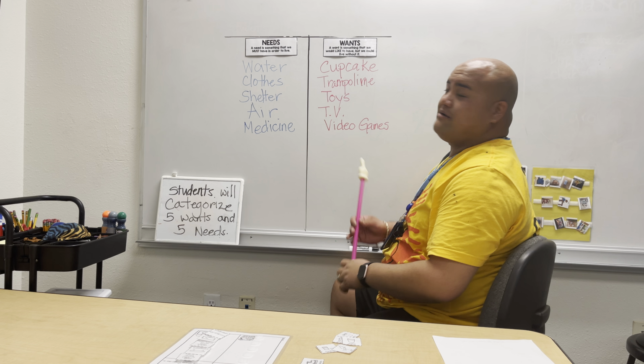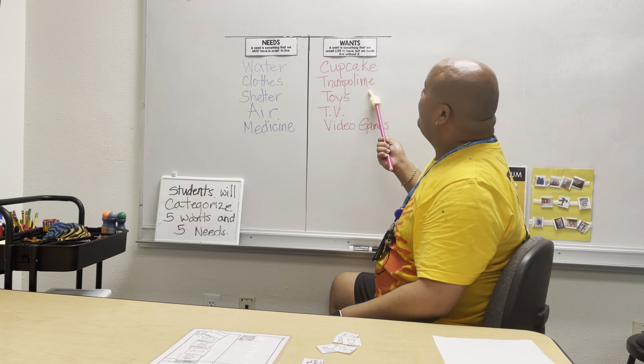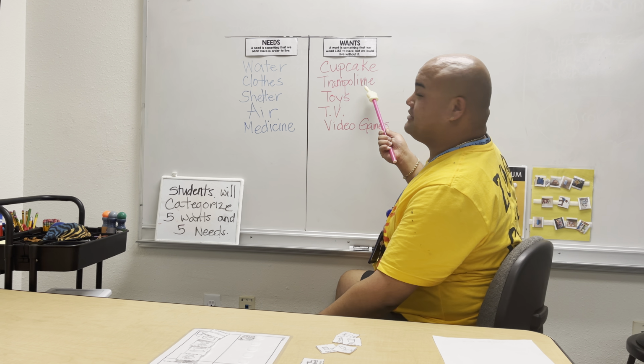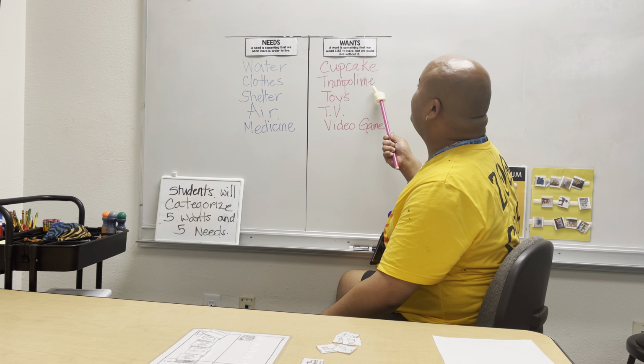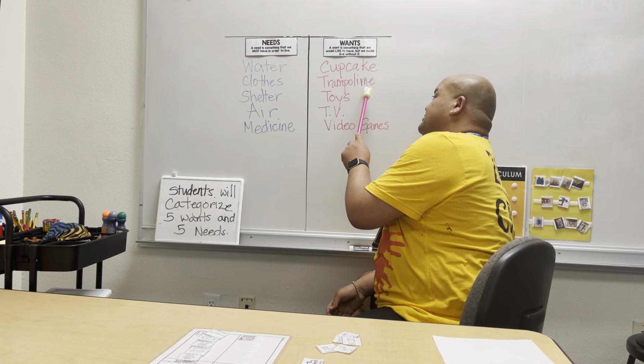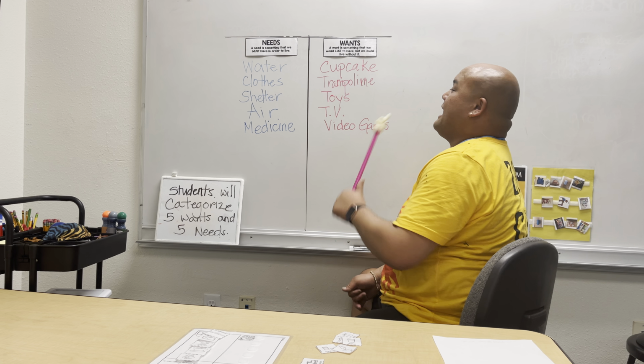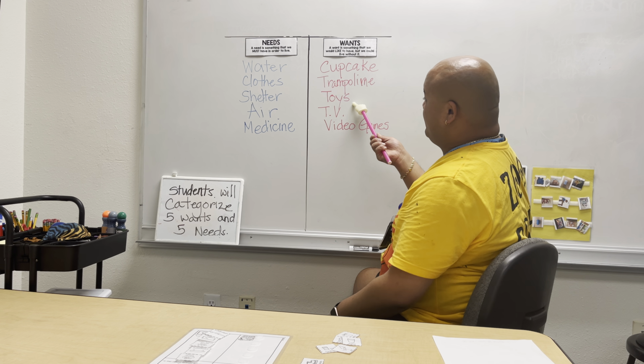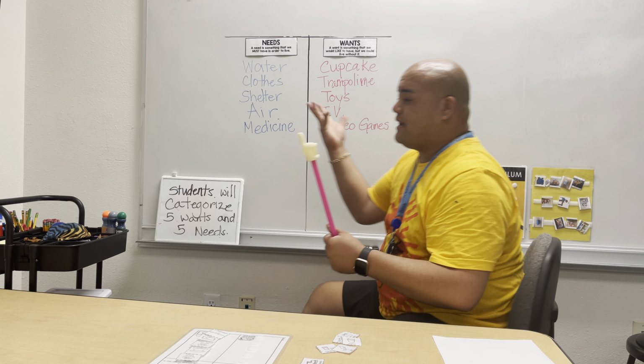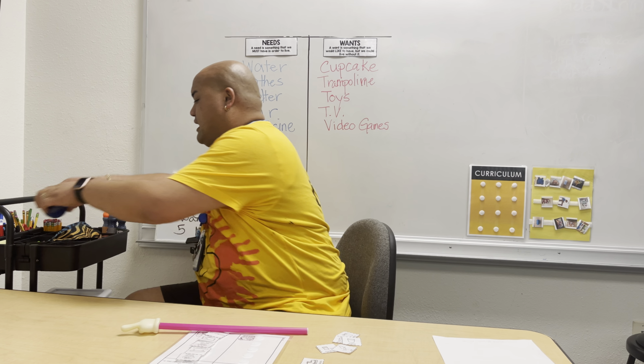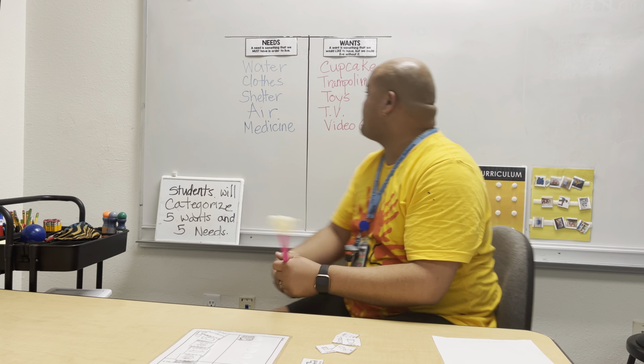We listed a trampoline. We want to jump on a trampoline, but we do not need a trampoline to live. We can live without it. We also shared the example of toys. We want toys, but we do not need them to live.